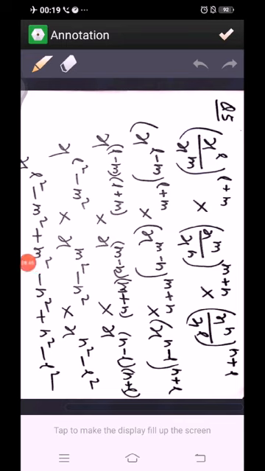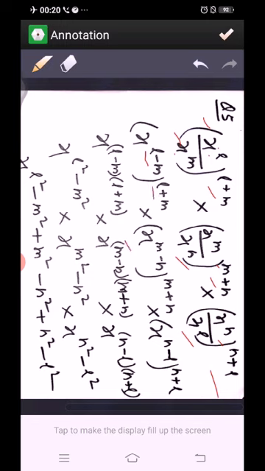Now we have question number 5. Let's see. X power L upon x power m, its whole power L plus m, x power m upon x power n, whole power m plus n, x power n upon x power L, and its whole power n plus L. So first of all, we can see this division part, x power L divided by x power m, that can be written x power L minus m, and multiplied by L plus m.